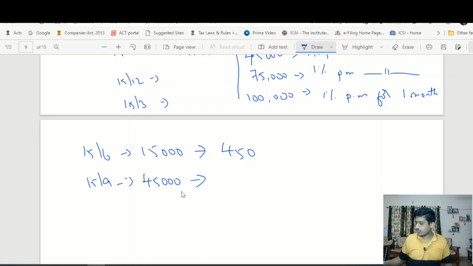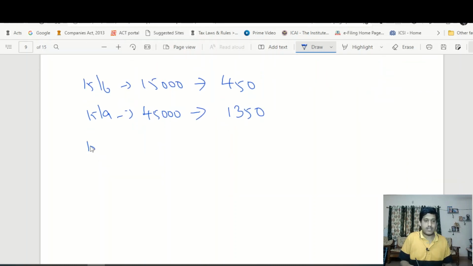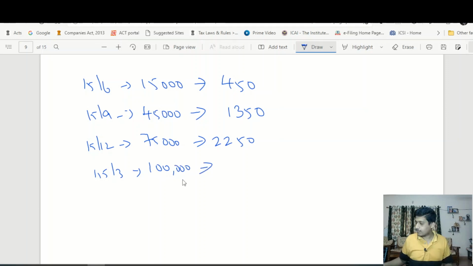So 45,000 into 1% into 3 months comes to 1,350. 15th of December, 75,000 is the shortfall. 1% per month for 3 months makes it 2,250. 15th of March, 1 lakh is the shortfall. 1% per month for just 1 month, which is 1 lakh into 1%, makes it 1,000 rupees.